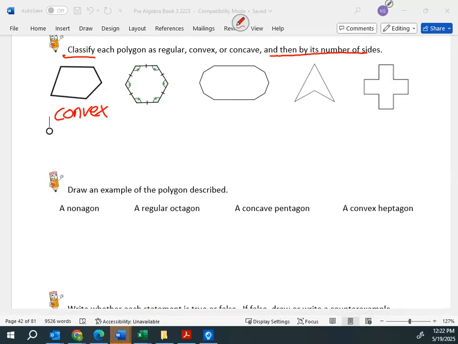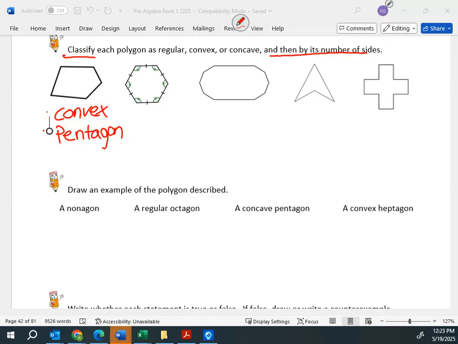No notches, no numbers showing that all the sides are equal. What name would I give this? A convex what? Fallon. Pentagon. How do you know it's a pentagon? There are 5 sides. So you need to have both parts to our name.